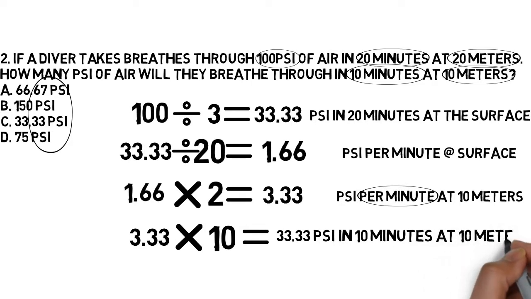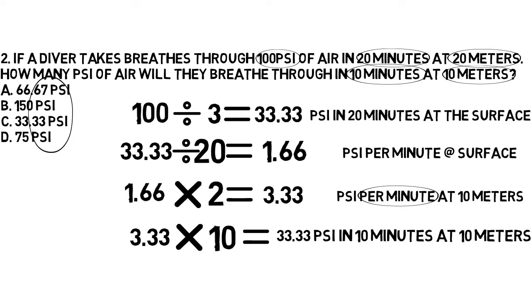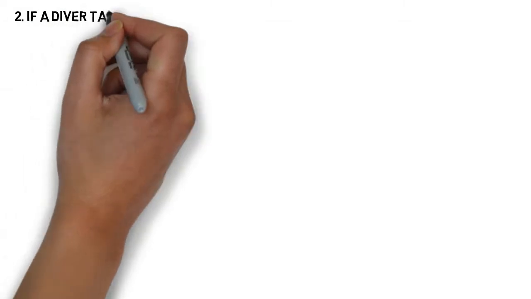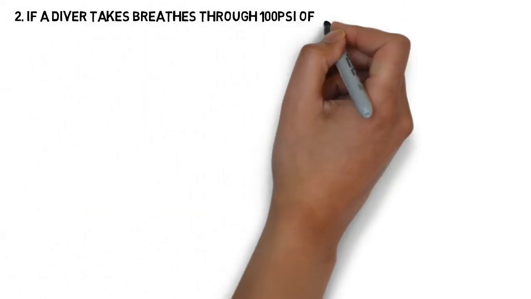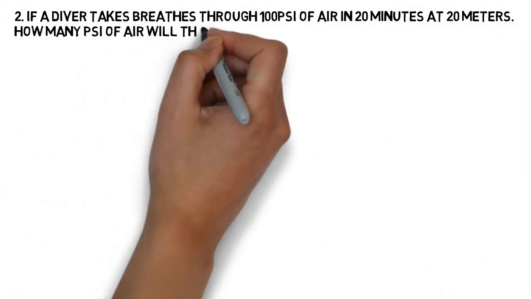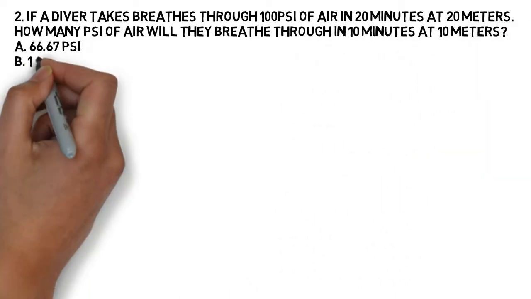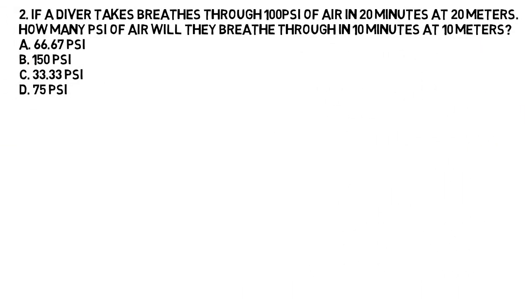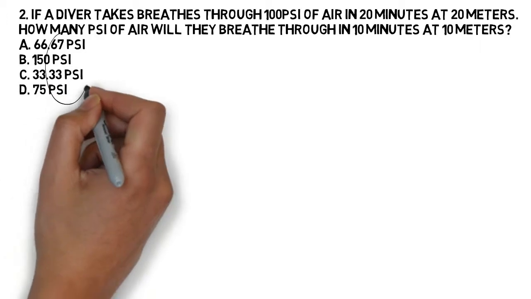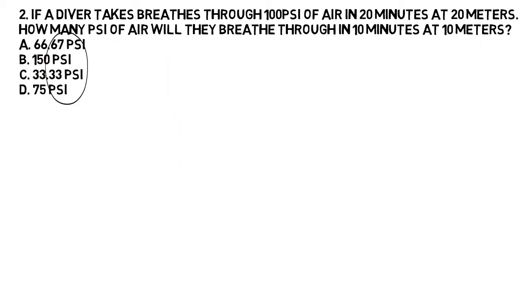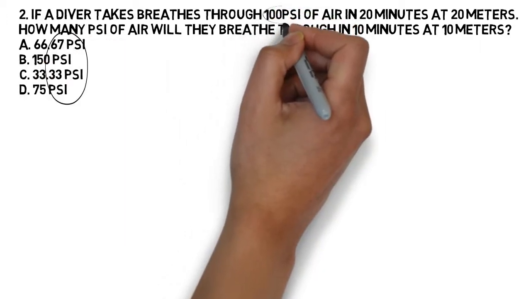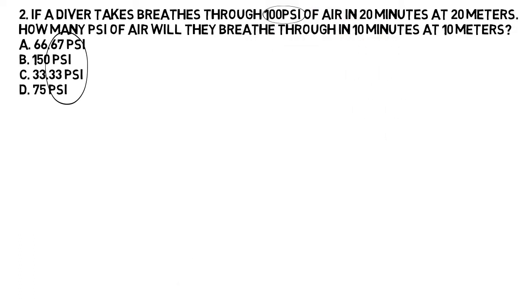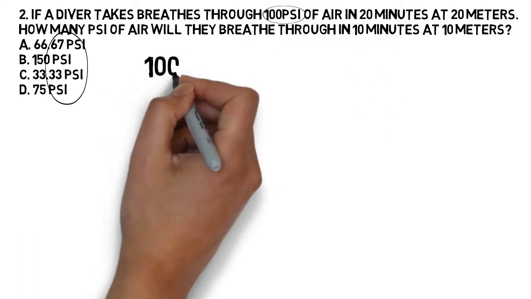So there is one more approach I could have possibly taken to answering this question. It's going to be the 1, 2, 3 approach again, but just a subtly different way of analysing the question and working through the information I've been given. So I look at the answers and I see they're all in PSI, so I look for PSI in the question and find it. It's 100 PSI, and I put that on my bit of paper.